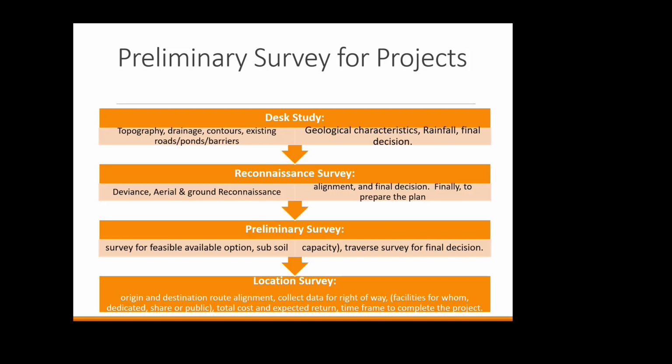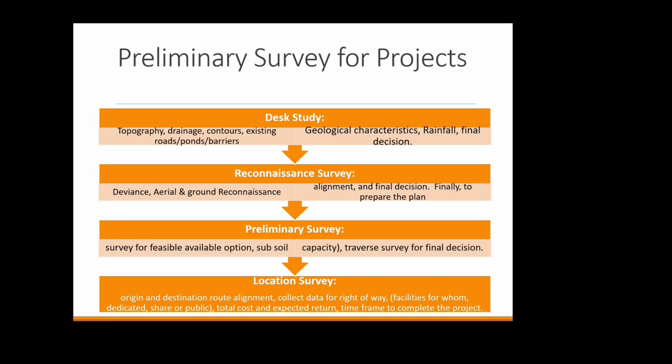The second part is very important: the reconnaissance survey. The reconnaissance survey consists of two important and parallel indicators. The first one is about deviation. We would like to see how much area is spiral or straight slope, which may need a lot of cutting and filling.